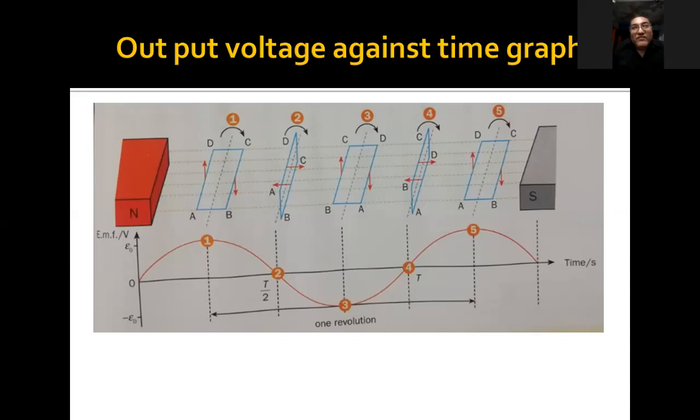They are going from left to right. So the AD side, when the coil is vertical, will also be moving parallel to those magnetic lines.